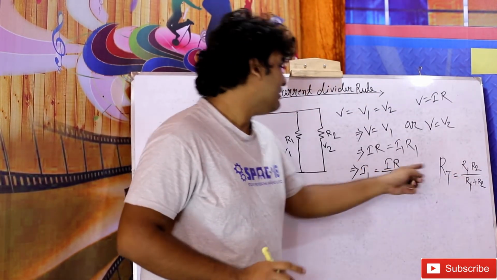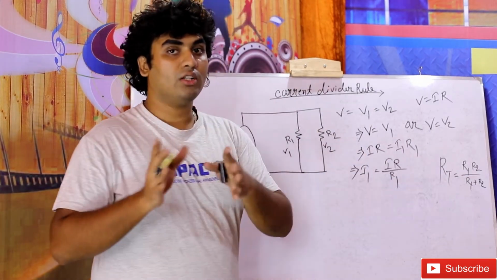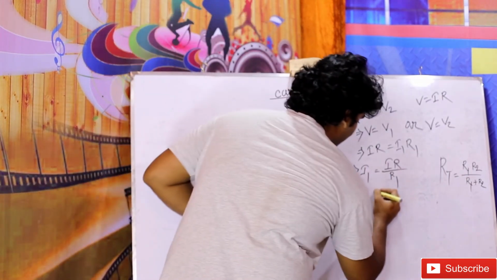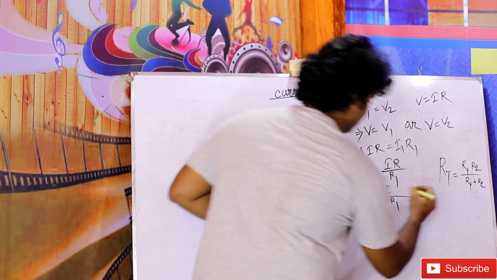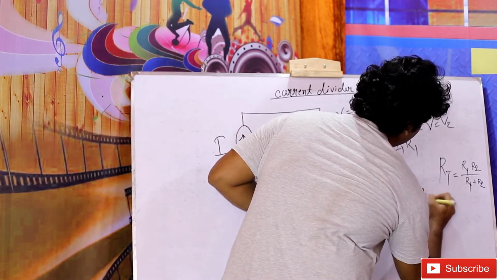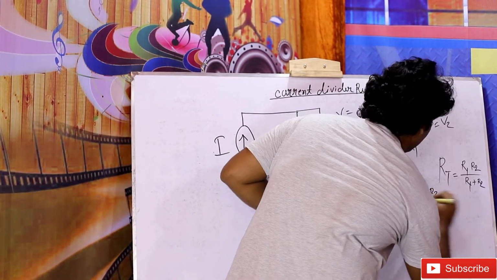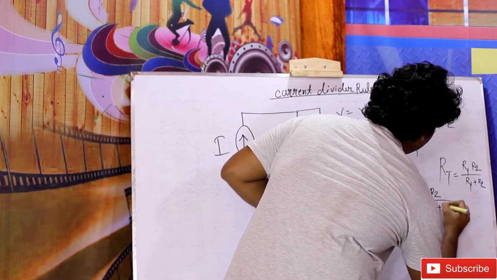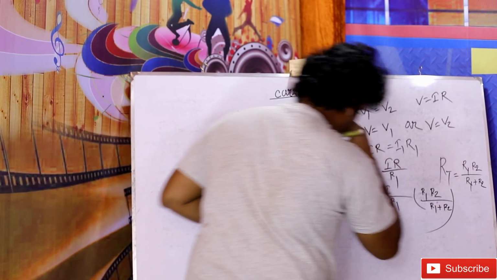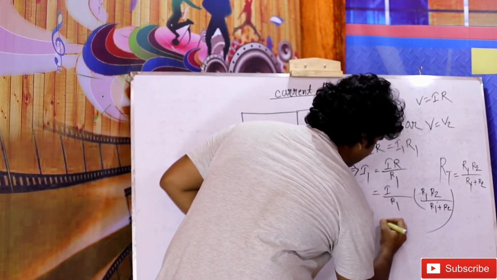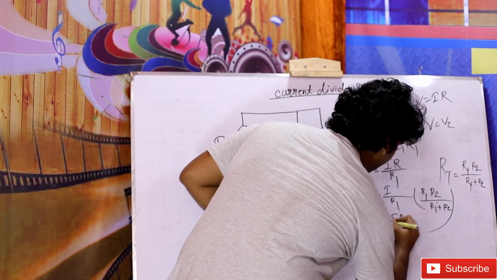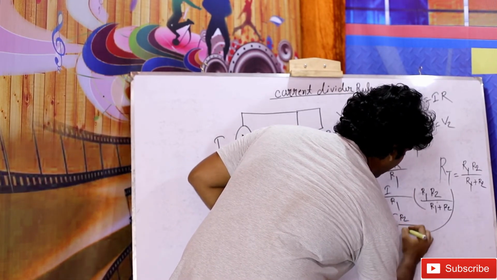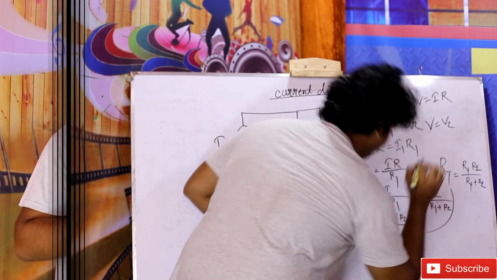If we put this equation in here, what do we get? I by R1 into R1 into R2 over R1 plus R2. So the net result is I1 equal to I R2 divided by R1 plus R2.